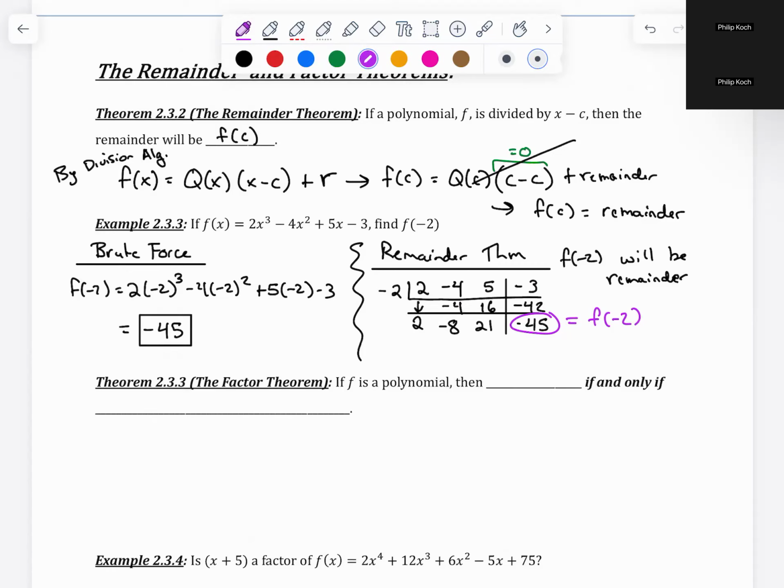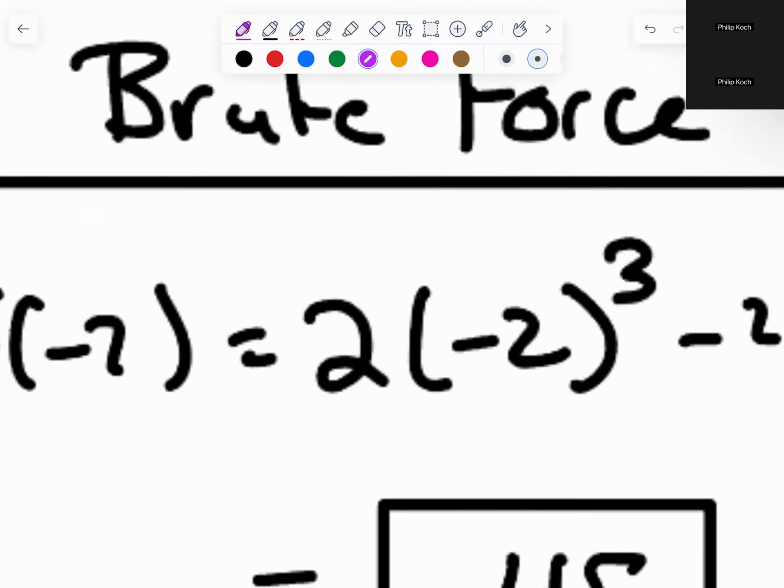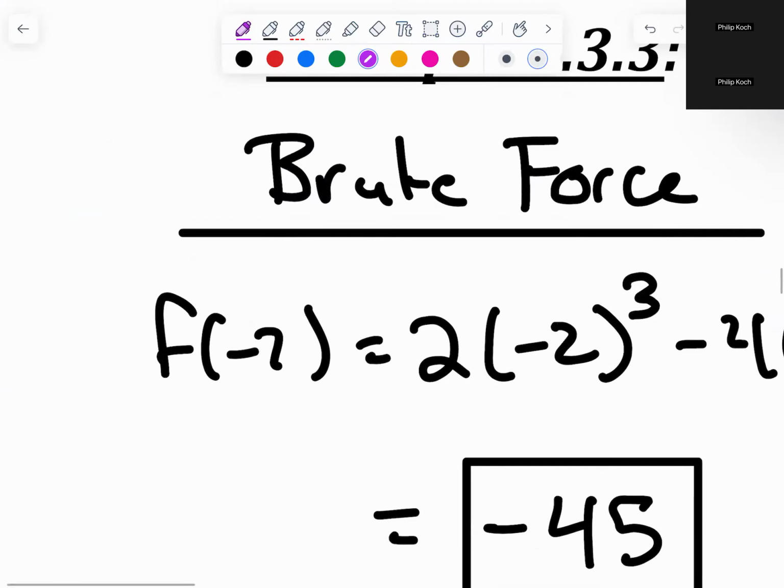Ta-da! Where'd you get the negative 7 from? The negative 7? Yeah, I was wondering that too. Is it 2? Look at that tail. There's clearly a 2 right there. Fair enough, guys.